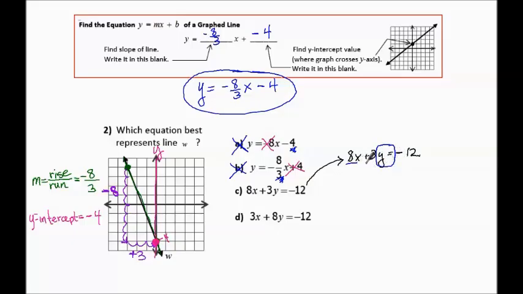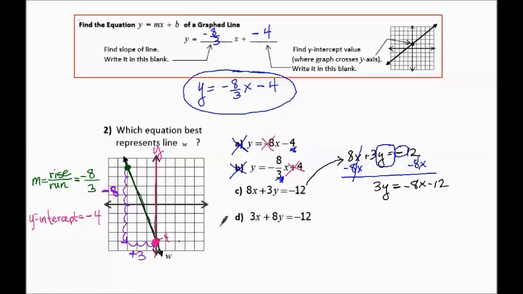So let's start by canceling out the 8x by subtracting 8x from both sides. That cancels this out, and you have now 3y is equal to negative 8x minus 12. Keep in mind that this 12 is negative, so you may not forget that negative, minus 12.